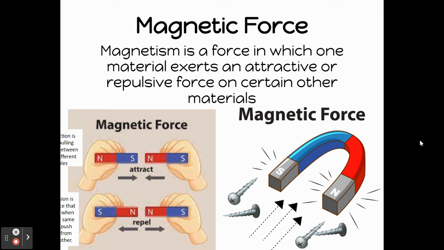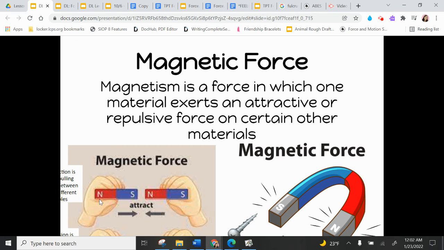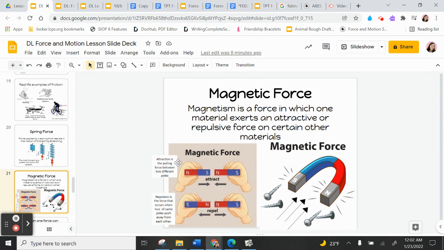Magnetism is a force in which one material exerts an attractive or repulsive force on certain other materials. Here we see that the attraction is the pulling force between the two different poles, so south is being attracted to the north, and the repulsion is the force that occurs when the two of the same poles push away from each other. So south and north attract, and north and north are repulsed.